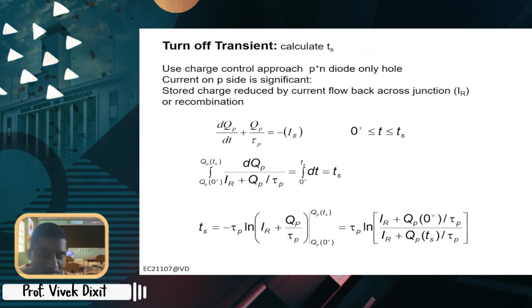Okay. Now in terms of transient, let's solve that equation. dq by dt is equal to minus IR minus qp by tau.